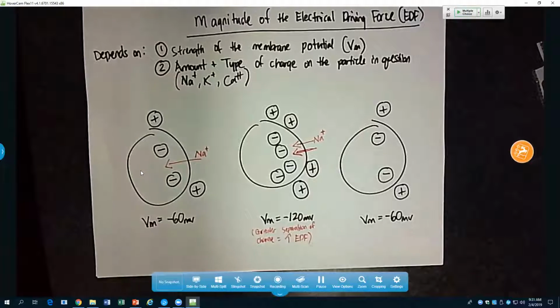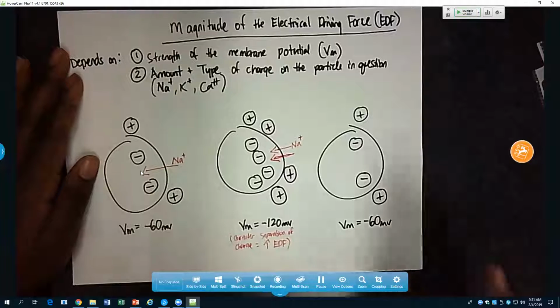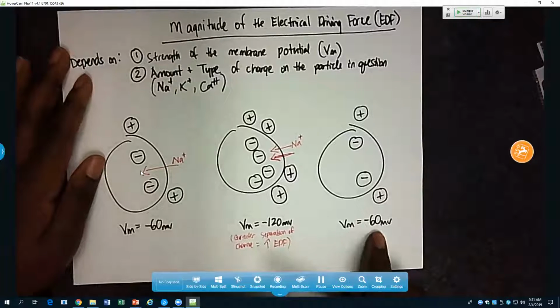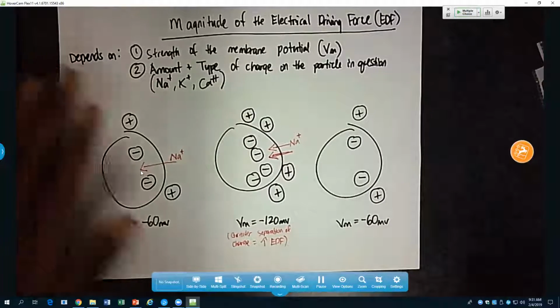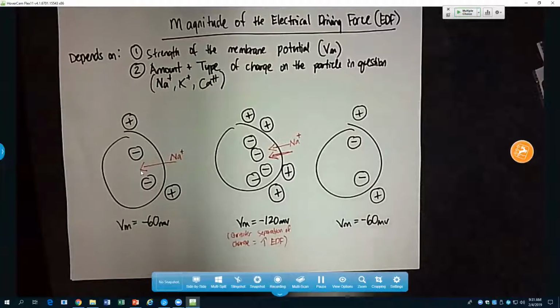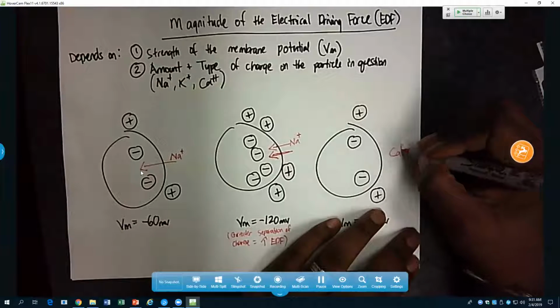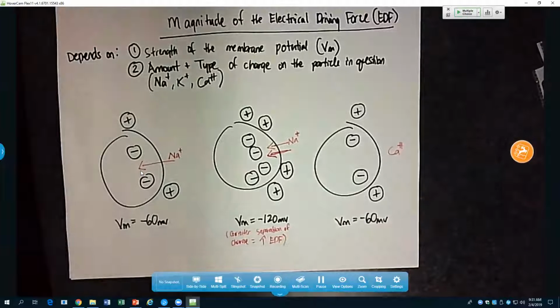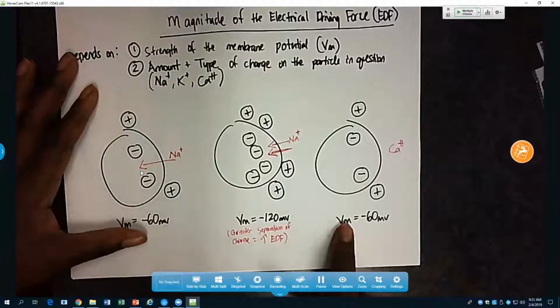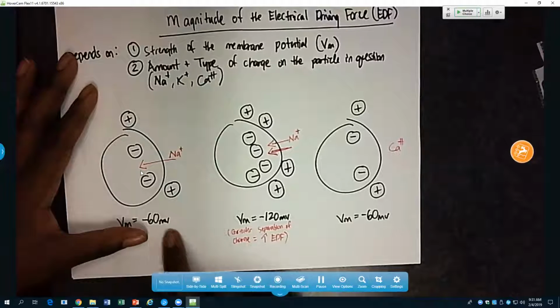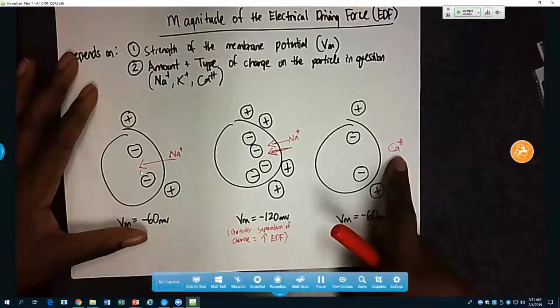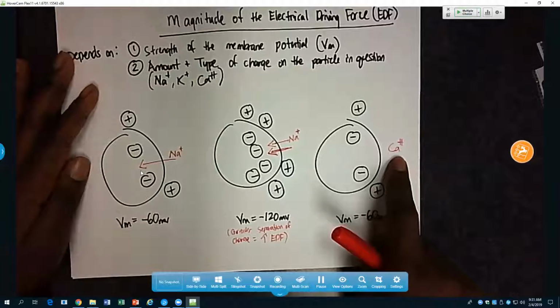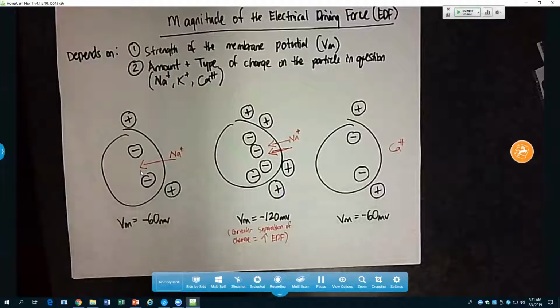Let's look at a third scenario. So our third cell, we also have a membrane potential of negative 60 millivolts here, but let's take a different ion into consideration. Let's look at calcium. Okay, we said calcium is a divalent cation, meaning that it has 2 charges. And so even though we have a membrane potential very similar to our first cell, we have a stronger force that's created because we have a divalent cation. Okay, can everyone understand that?